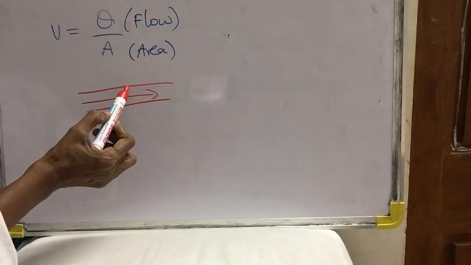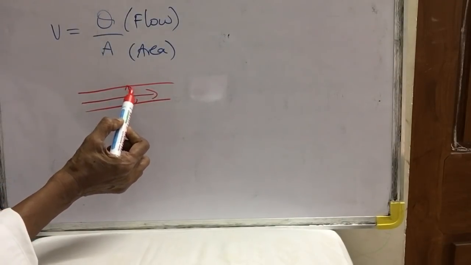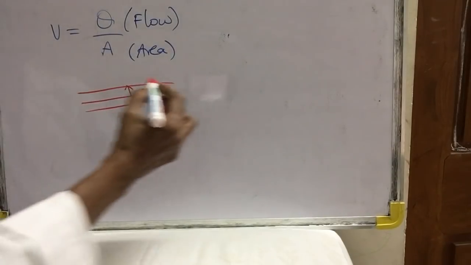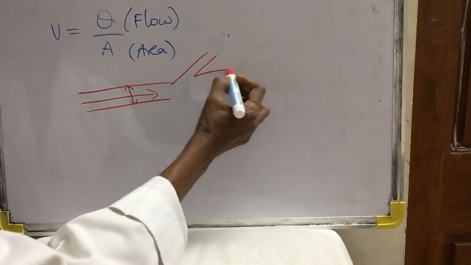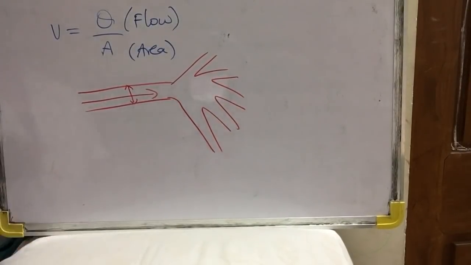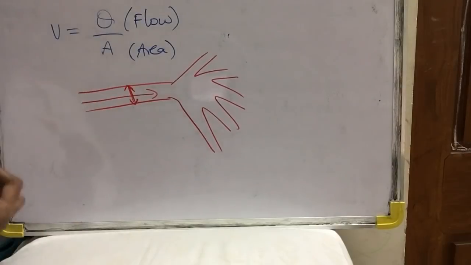But if the cross-sectional area is less, then the velocity will be more. If the same vessel is getting divided into different branches, now here the cross-sectional area is less, so the velocity is more.